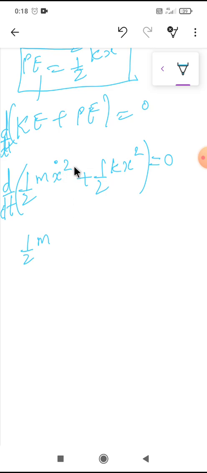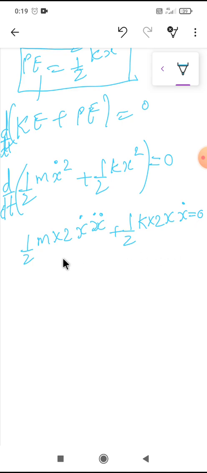The derivative of x dot square: 2 will come out, x dot to the power 2 minus 1 is 1, and the derivative of x dot will be x double dot. Plus similarly here, 1 by 2 k is constant. Again 2 will come out, then x square, so 2 minus 1 will be 1, and the derivative of x will be x dot, equal to 0.